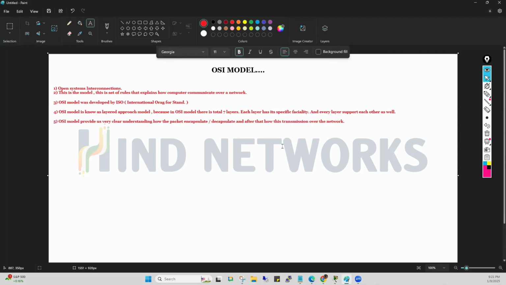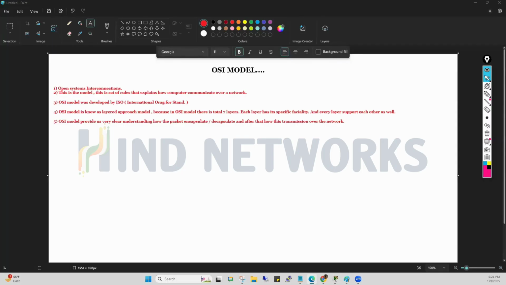So, guys, these are the 5 points you need to understand about the OSI model. Is this clear, guys? Everyone, yes or no? Clear? Now the thing is, what were the challenges? What was the problem because of which this model was developed?